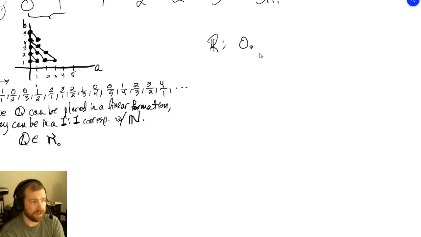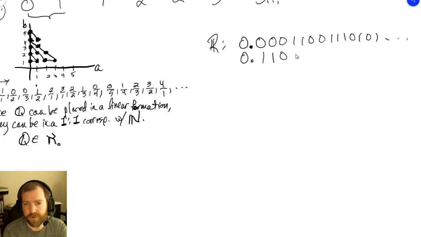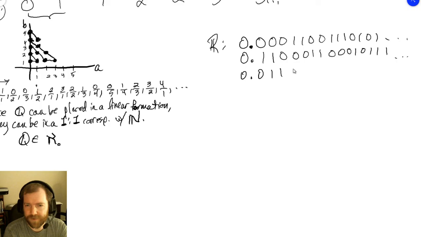This is not what he did, but let's think of this as only doing a binary representation. So 0.0011001110101, whatever, right? This is infinitely long. And 0.1100011100010, 0.0110011110010100101.